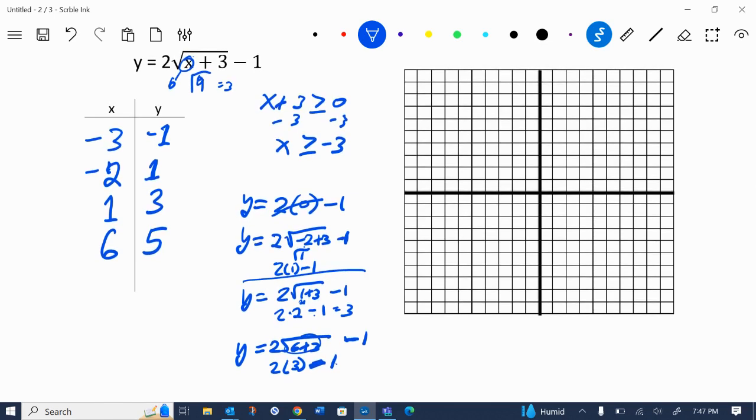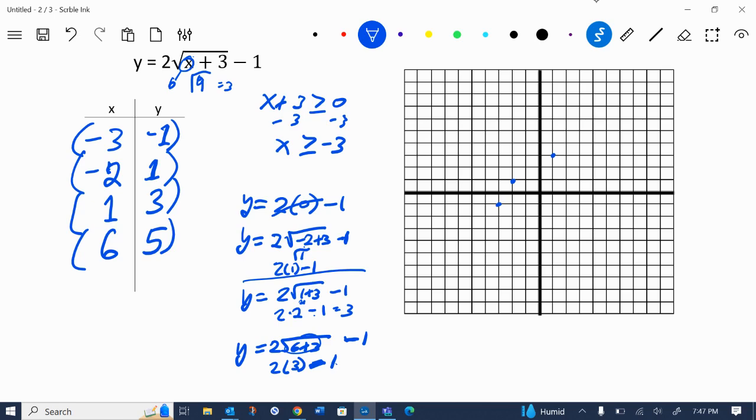Okay, now let's graph those. That should be enough to get the curve that we need to see. And we start with -3 and -1 right here. And then -2 and +1. Then 1 and +3. 6 and 5. Did I miss a 4 here? No, it's right. It's a 5.